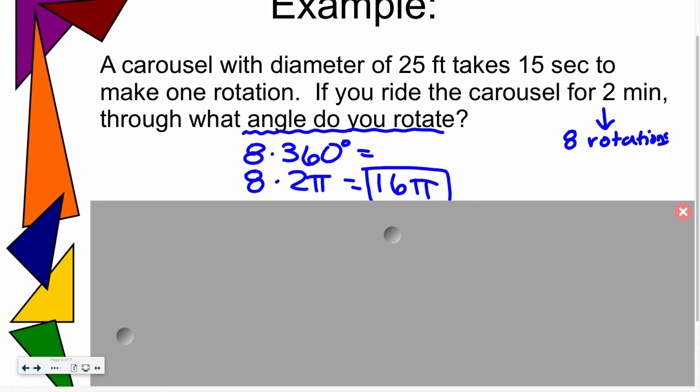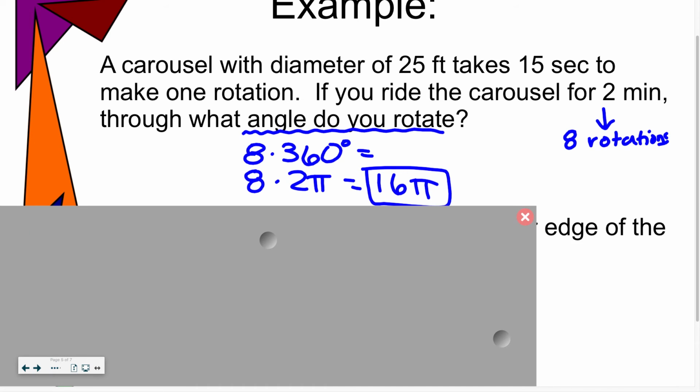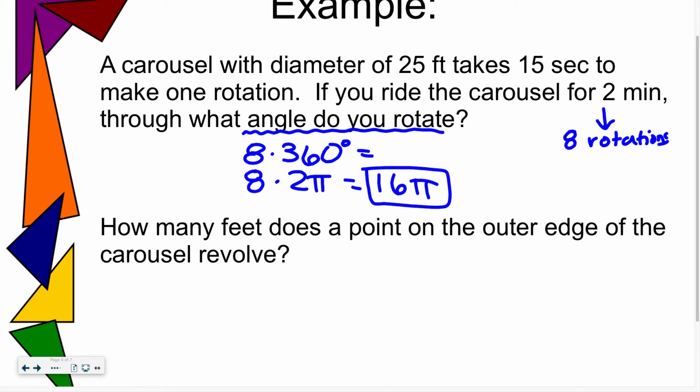Okay, I think I have a follow-up question. You might have noticed in that question the diameter of the carousel was not any important information. It has nothing to do with my rotations, right? Okay. How many feet does a person on the outer edge of the carousel revolve?